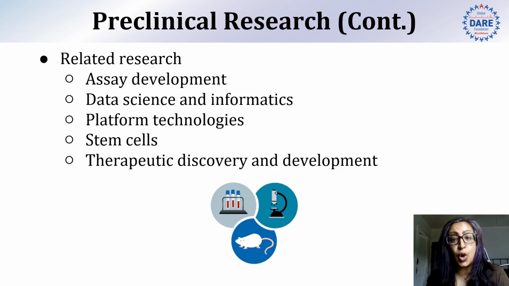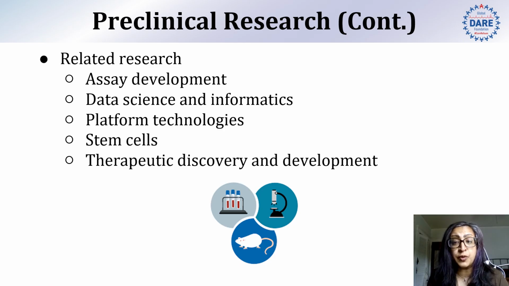Preclinical research also includes several supporting areas that help move potential treatments closer to real-world use. For example, assay development creates reliable tests to measure how a treatment is working, while data science and informatics help researchers organize and analyze large amounts of research data.